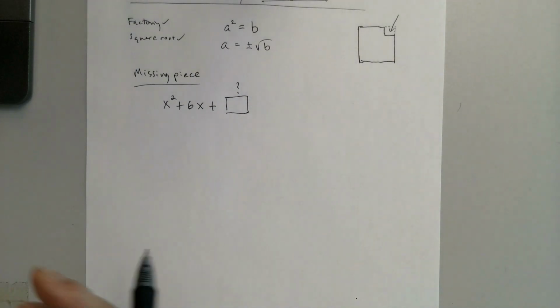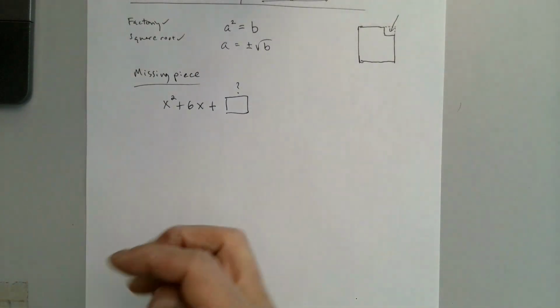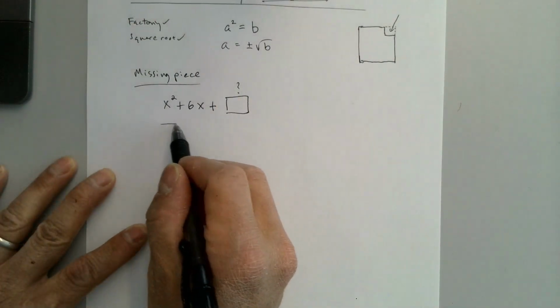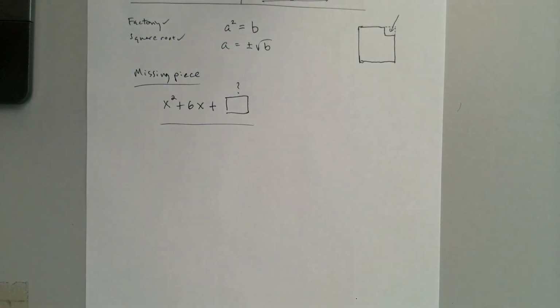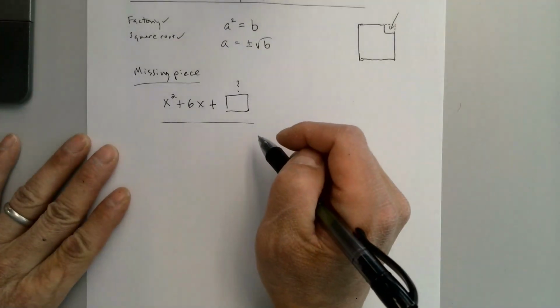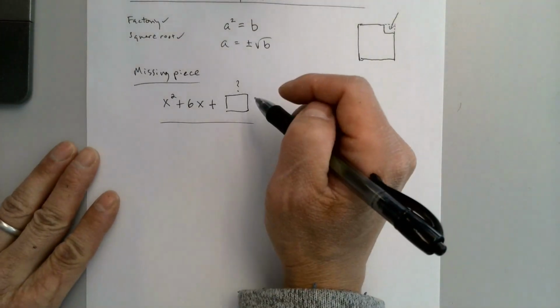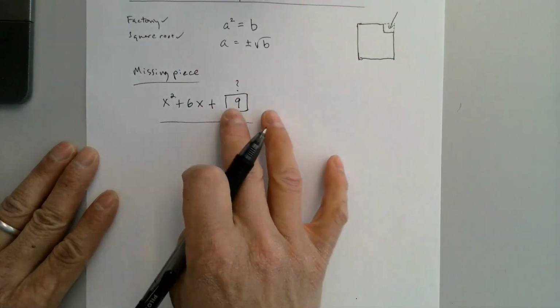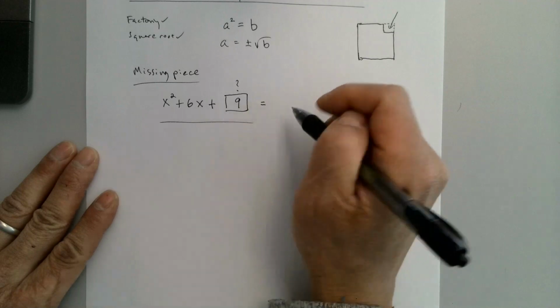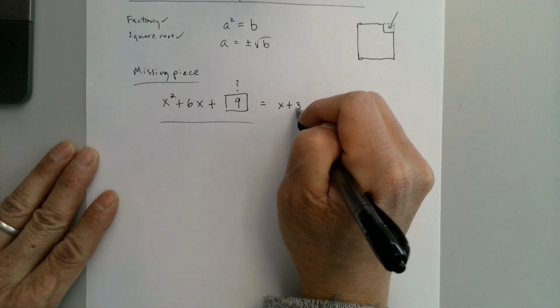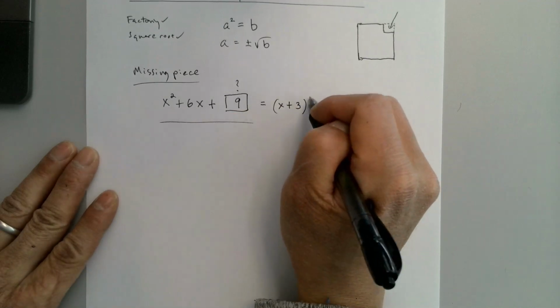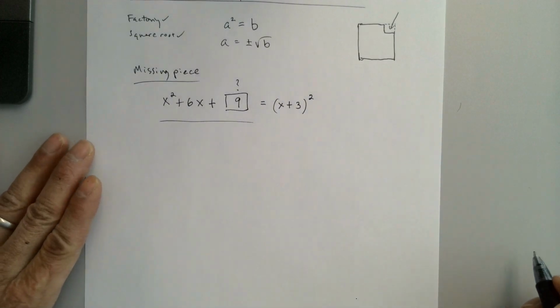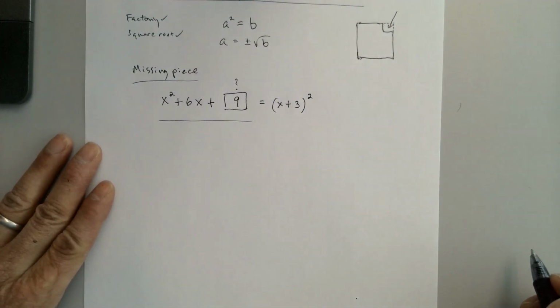So my question to you is, what is the value that goes in that box to make this trinomial a perfect square trinomial? Well, if you think about it for a few seconds, maybe a few minutes, you'll eventually see that it needs to be a 9. If it's a 9, then this perfect square trinomial is x plus 3 squared.